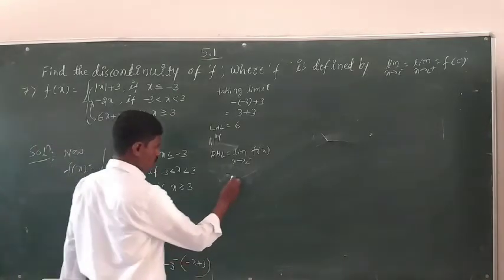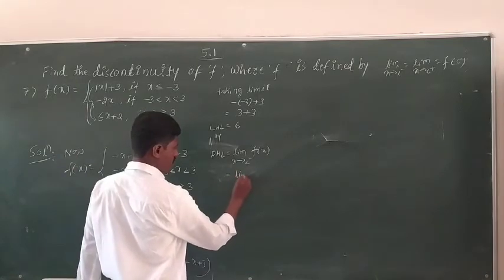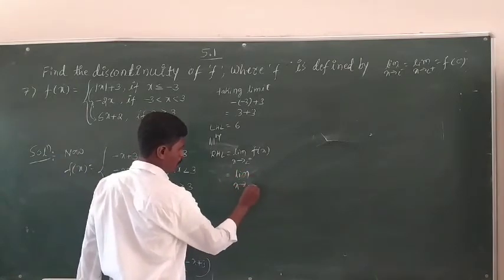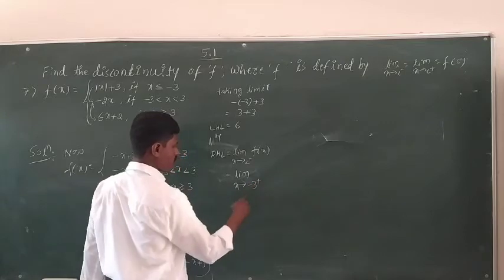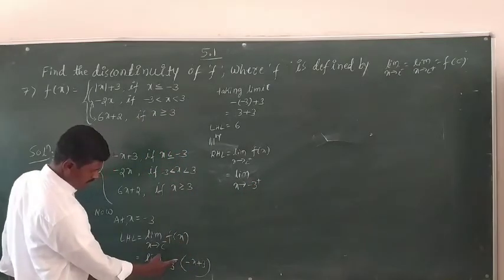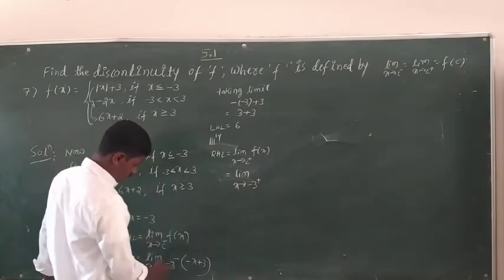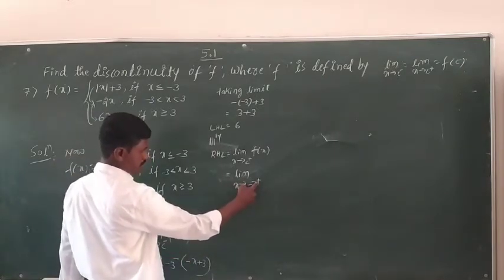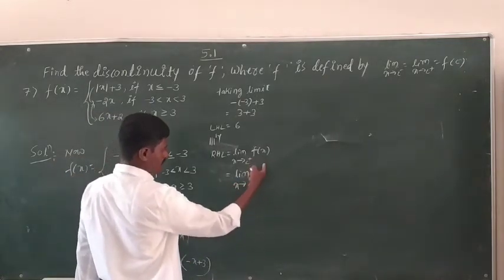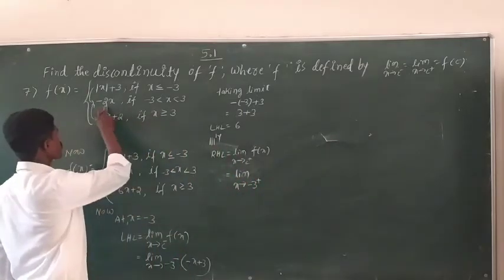This is the limit as x tends to minus 3 plus, because the left hand limit is taken with minus and this is the right hand limit. The limit point is minus 3 in both cases, but the signs are changed. For the RHL, the function is minus 2x.